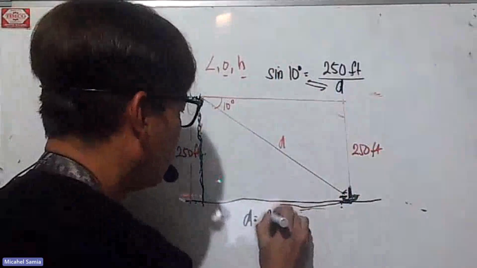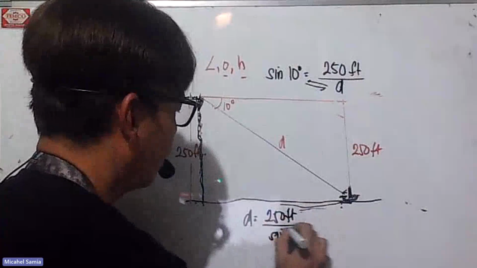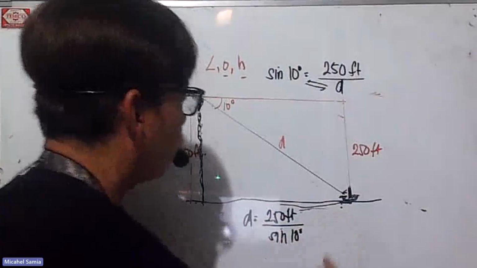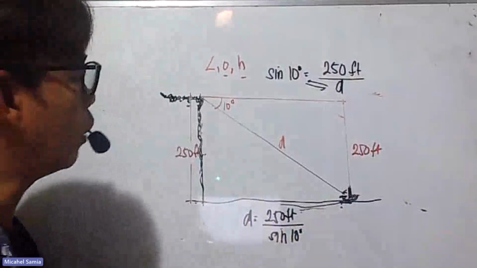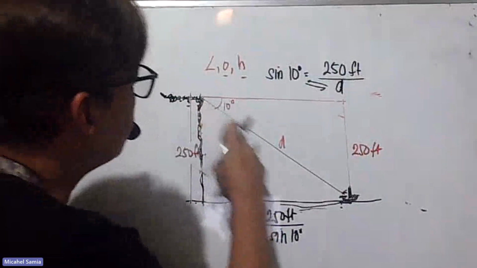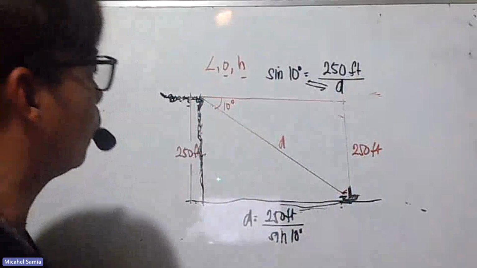So your D now is equal to 250 feet divided by sine of 10 degrees. From observation, you know if your answer is correct or wrong, right? Because if I solved here the value of 43, it is impossible. 43 and this is 250, which is the hypotenuse. That should be the longest side of the triangle.